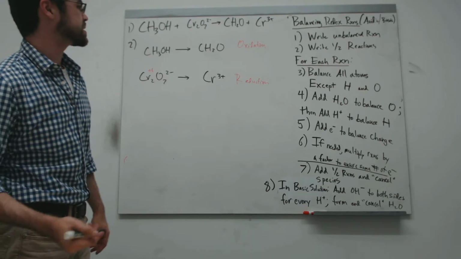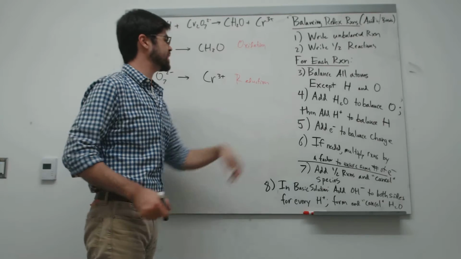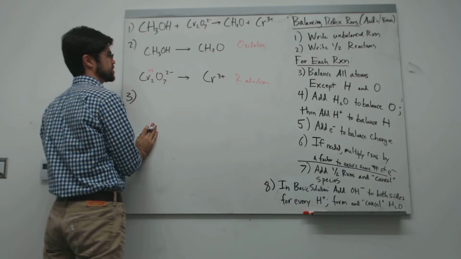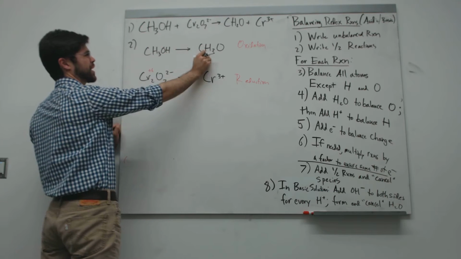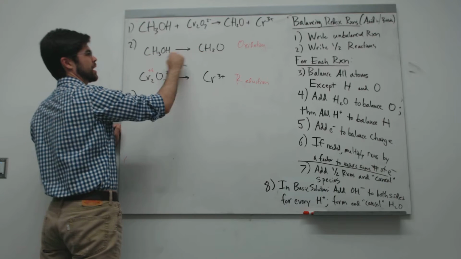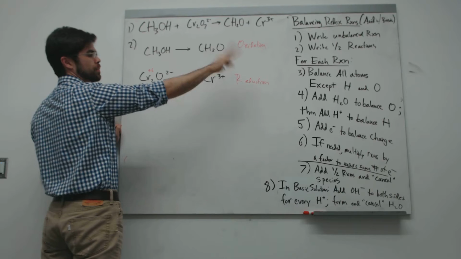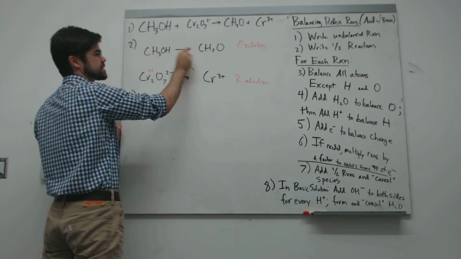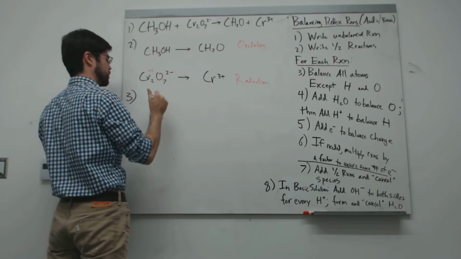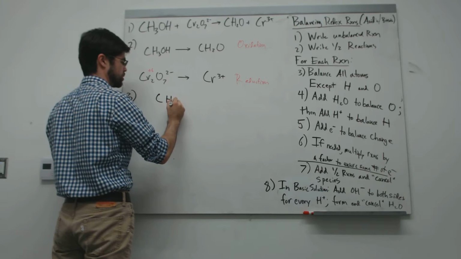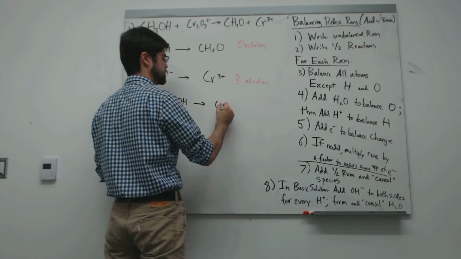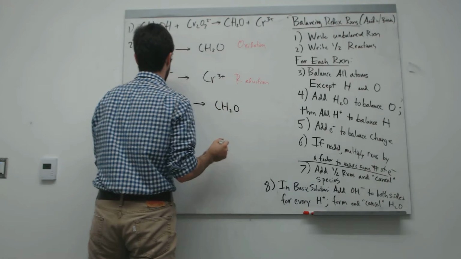Okay, so then step 3 says balance all of the atoms except for hydrogen and oxygen. So for my first half reaction, we're going to balance the hydrogens and oxygens later. We don't have to worry about them yet, but the carbons we need to balance, except that they're already balanced. 1 carbon, 1 carbon. So I'll leave that alone. CH3OH going to CH2O.